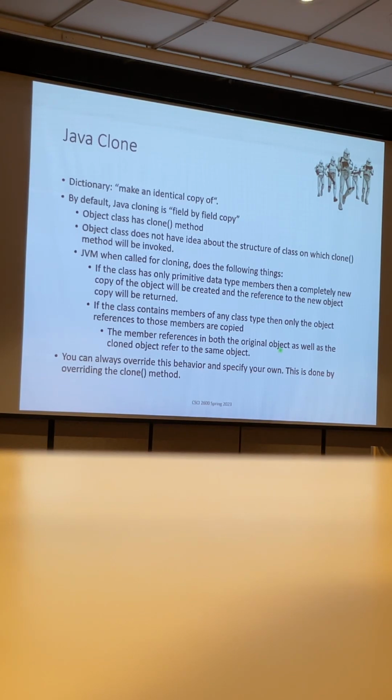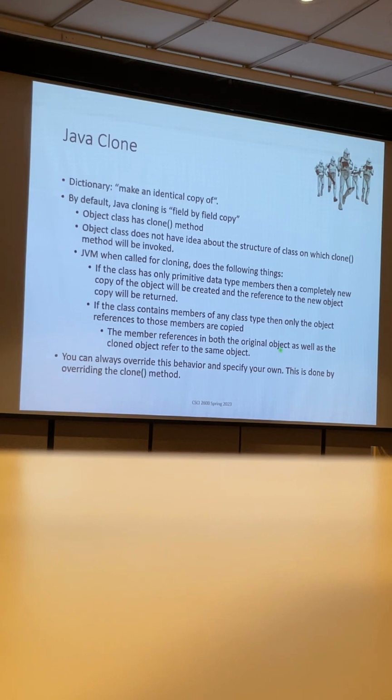It's very hard to believe. There is a clone method, but if you call it, you're going to get CloneNotSupportedException, unless you implement the specified interface and override clone. So why is it so complicated?